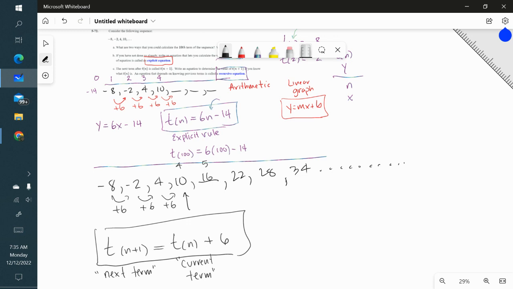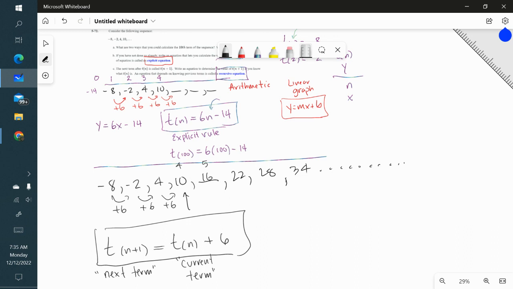So in other words, a recursive sequence is thinking left to right, add 6, add 6, add 6, add 6, add 6, instead of thinking vertically. What do I do to the term number to get the term? Explicit is thinking from term number to term. Recursive is thinking from one term to the next, to the next, to the next.